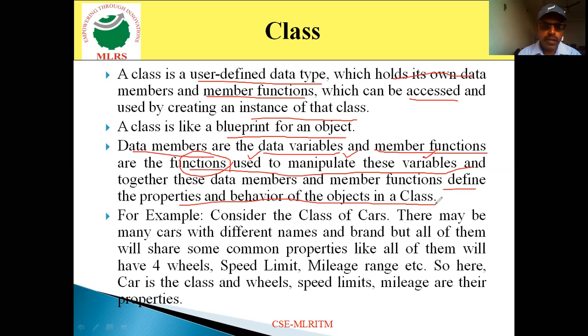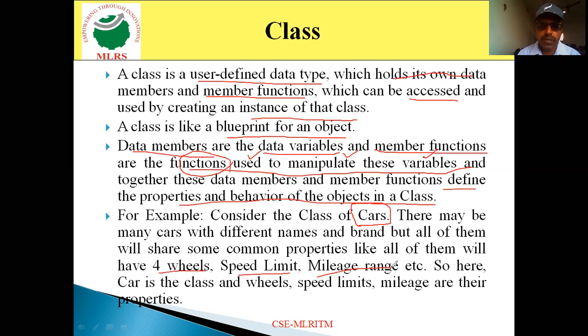Now take a look at an example. Assume we are going to take one particular example which demonstrates a class. Here I am going to specify a car. In a car, you may have different brands, different names of cars, but even though, all the brands of these cars share some common properties, like every car has 4 wheels, a speed limit, a mileage range, etc. Each and every property must be specified when you define a car.